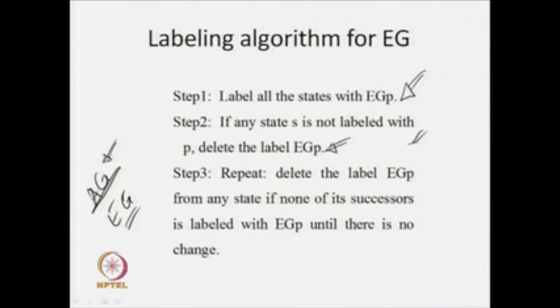Now, what are we repeating over here? Delete the label EGP from any state if none of its successors is labeled with EGP. So, in case of your EG, we are considering if none of its successors is labeled with EGP. Now, for AG, I am already telling you it is a stronger condition.